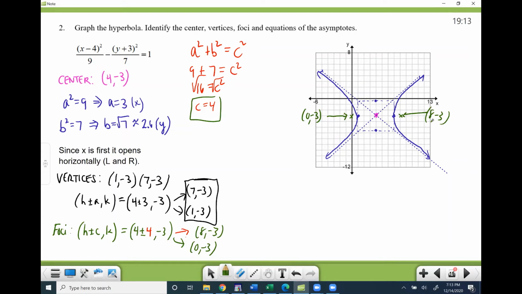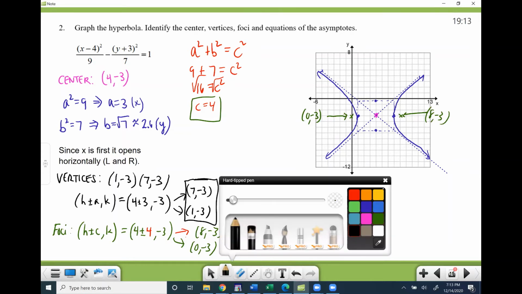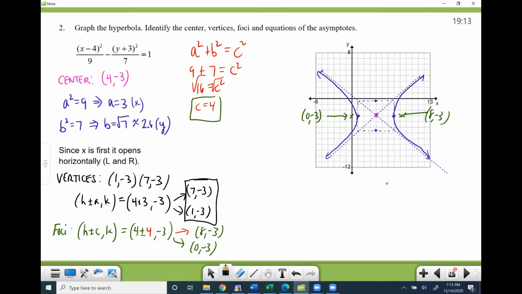All right, asymptote time. So this is the more complex formula. It's not yabba dabba do because X is first. So it is going to be B over A, not A over B. Again, as far as using y equals mx plus b, it'd be hard on this because if you look, it kind of looks like it goes through no man's land.